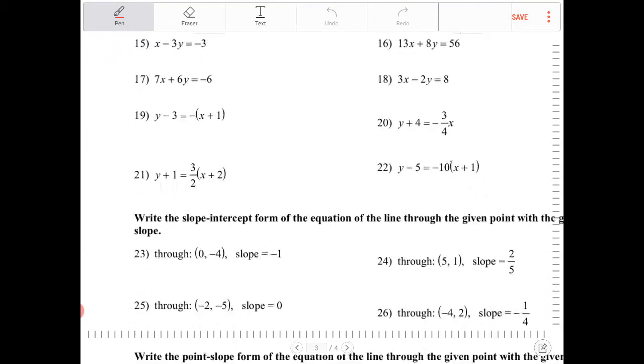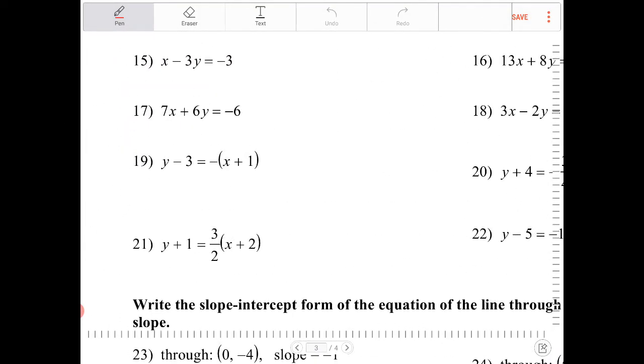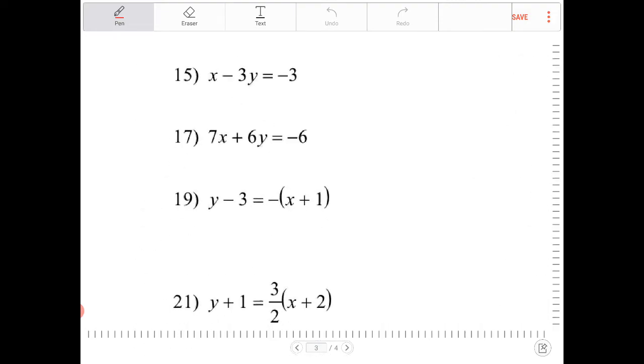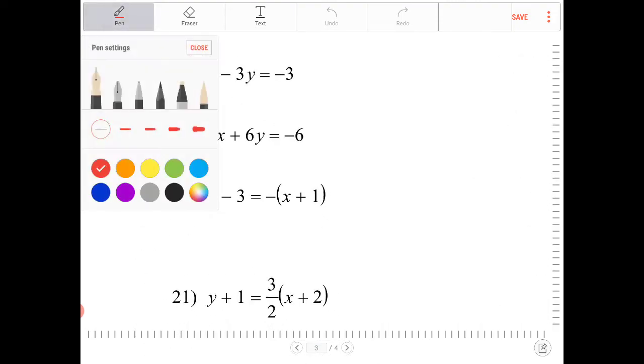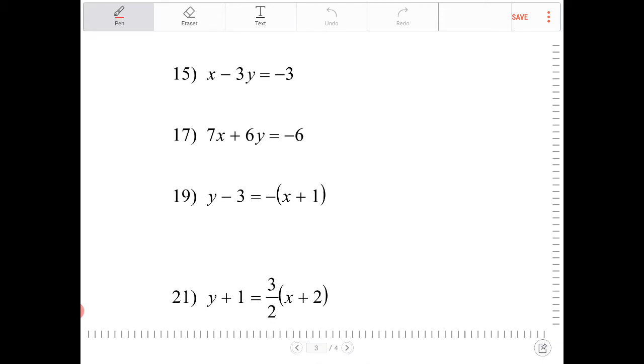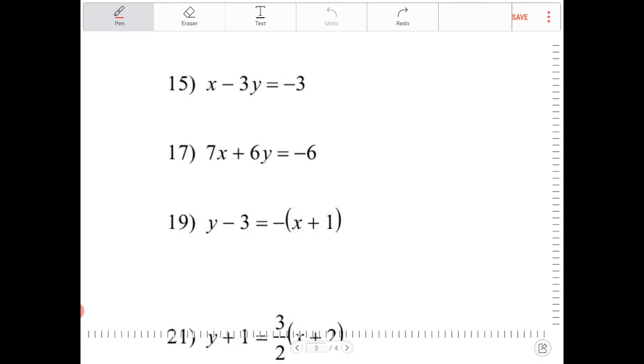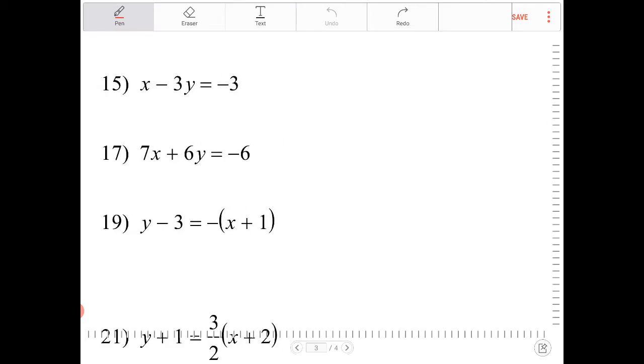Now the goal for these questions is to rewrite the equations that are presented in slope-intercept form. Right now, these equations are written in standard form. To write an equation in slope-intercept form, we have to isolate y. So how will this look? We subtract x from both sides, so we end up with negative 3y is equal to negative x minus 3.